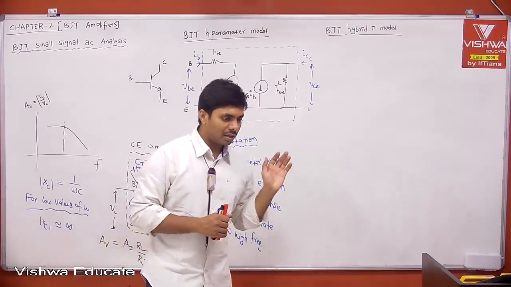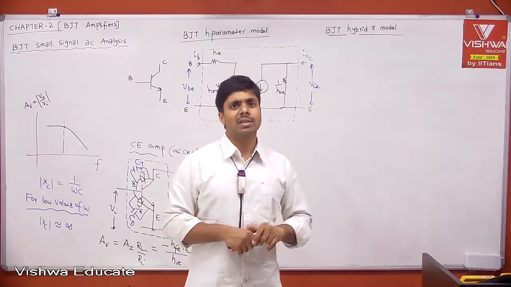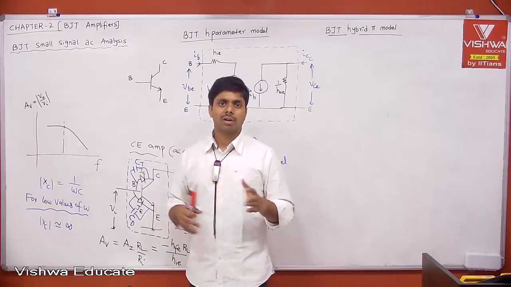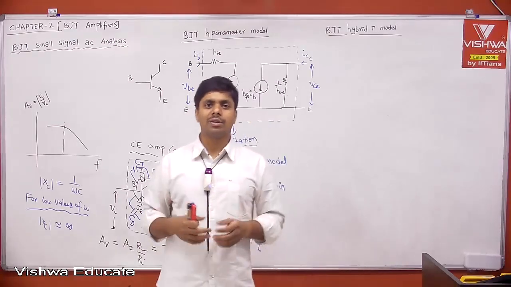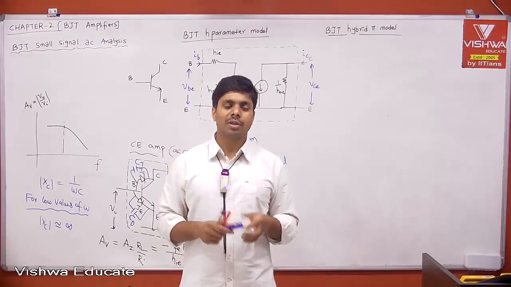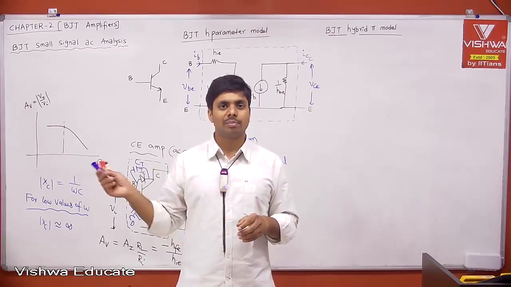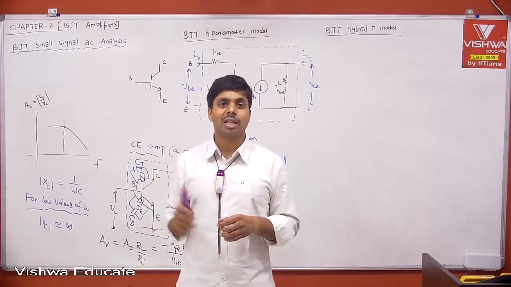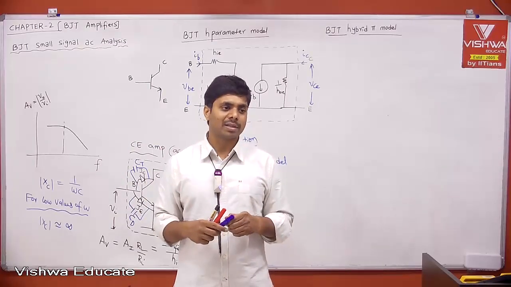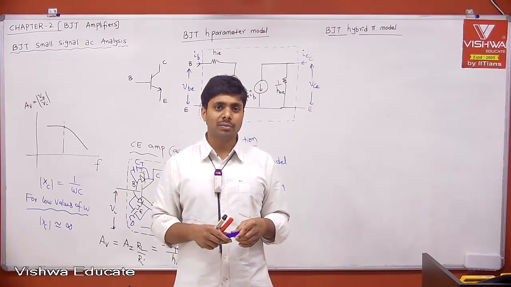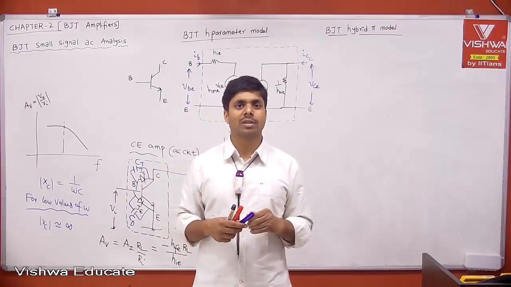Later, in the 1960s, going into the 1970s, people started using MOSFET also. Then we got the MOSFET AC equivalent circuit, and people did not go with the H parameter model. It is a kind of Y parameter model that is considered.